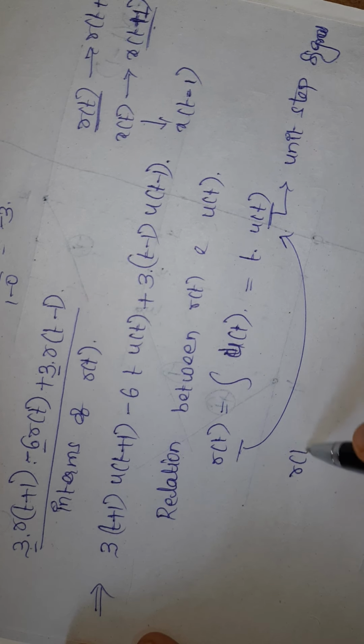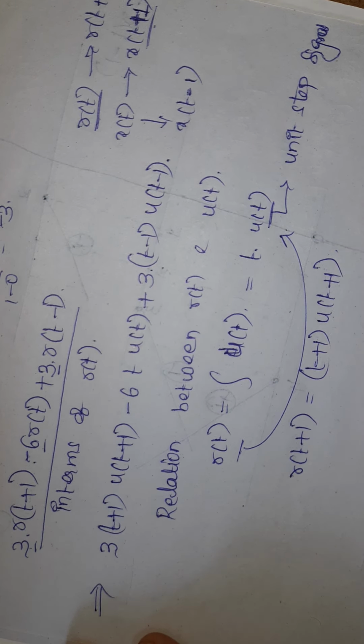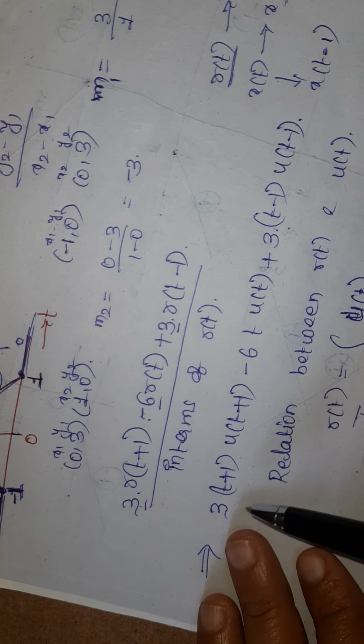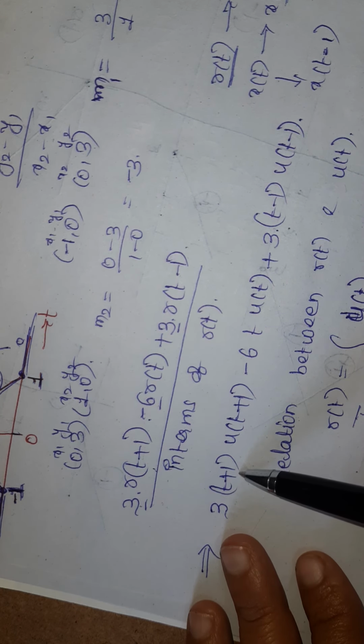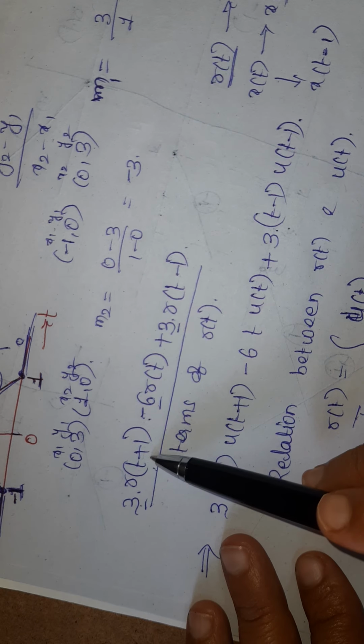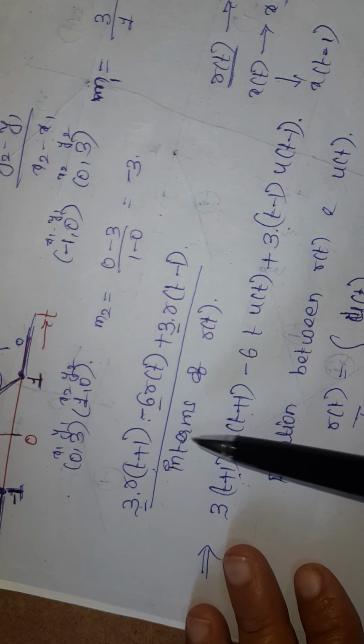If r of t plus 1 is there, it can be replaced with t plus 1 into u of t plus 1. Similarly, wherever I am having r, I have replaced it with t into u of t. So this is the first problem.